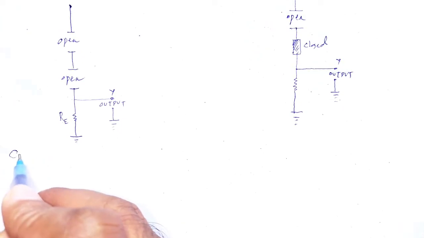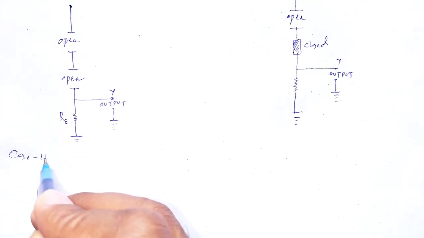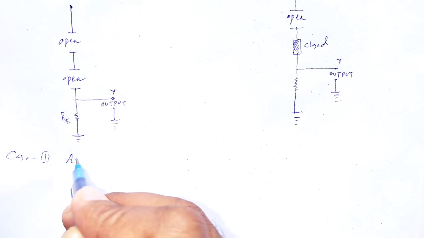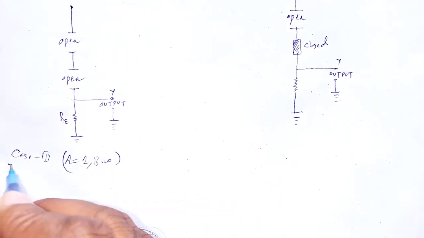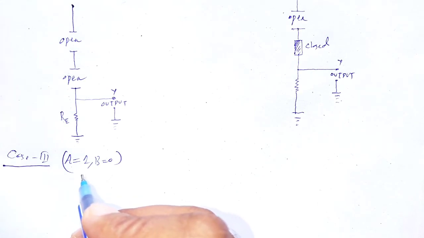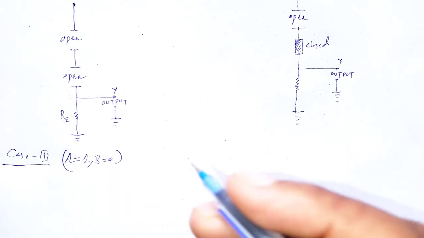Case number 3, just the opposite. When A is equal to 1, B is equal to 0. A is equal to 1, that is closed, B is equal to 0, transistor 2 is open.